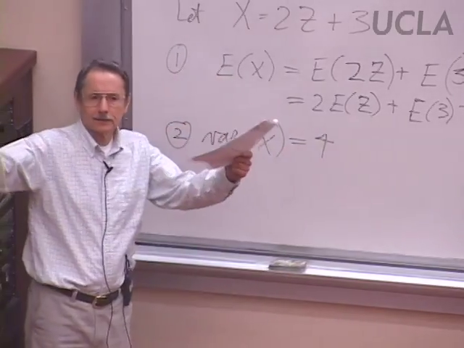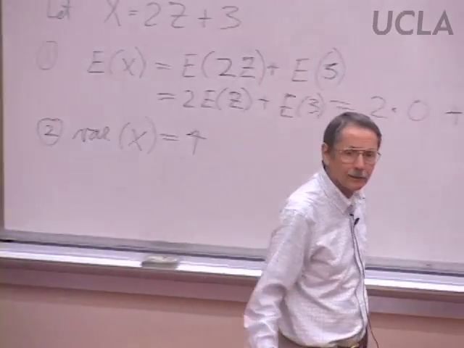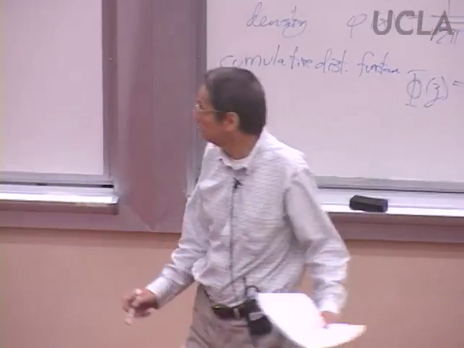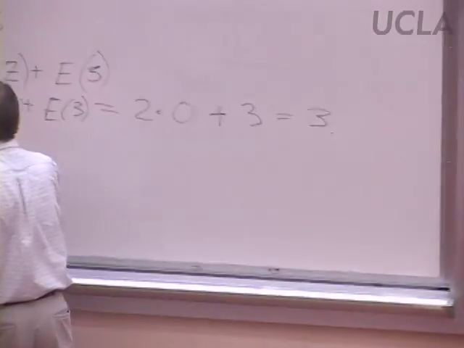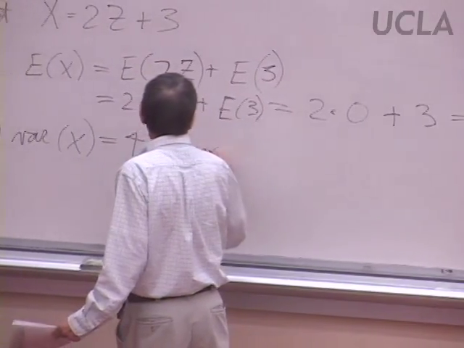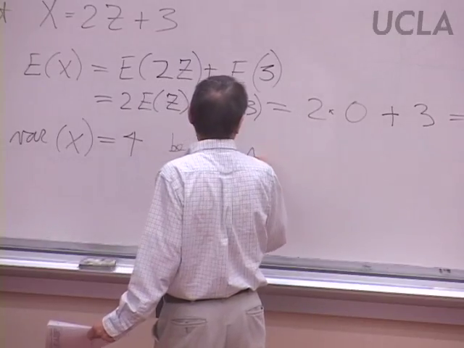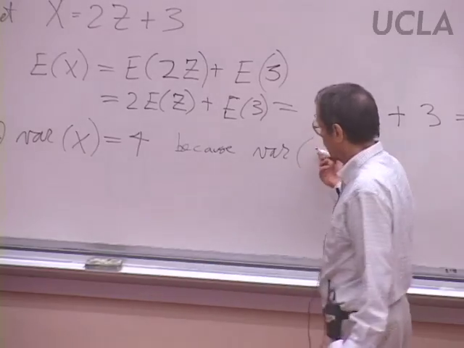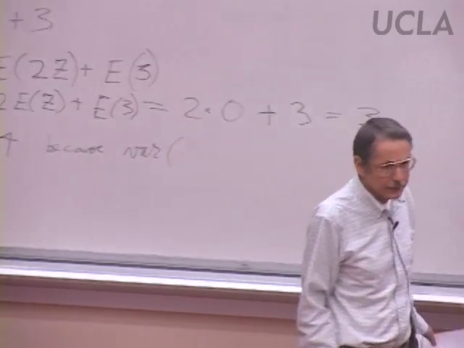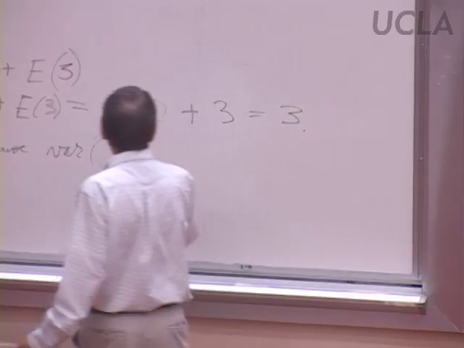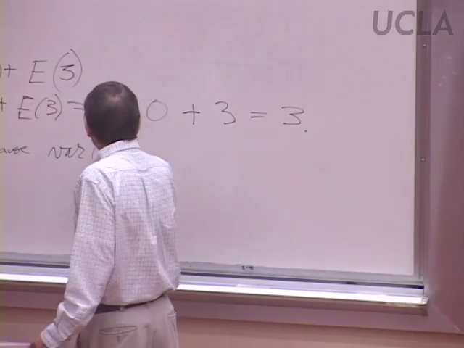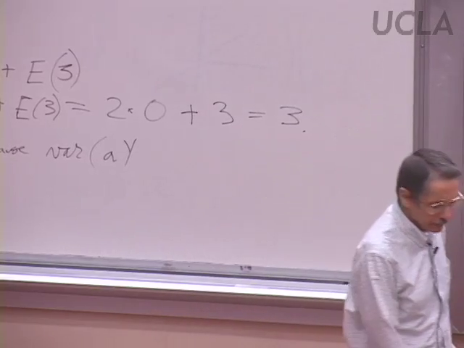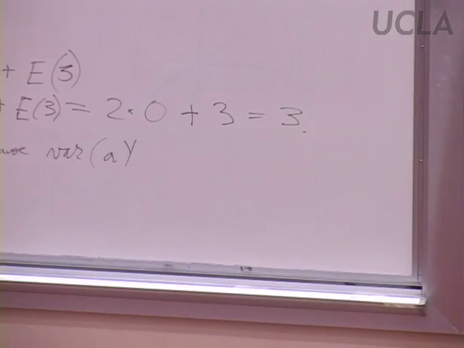As we're supposed to know from weeks ago, if you have some random variable, don't call it x or z, so we'll call it y, and you multiply it by some constant, say a, that multiplies the variance by a squared.